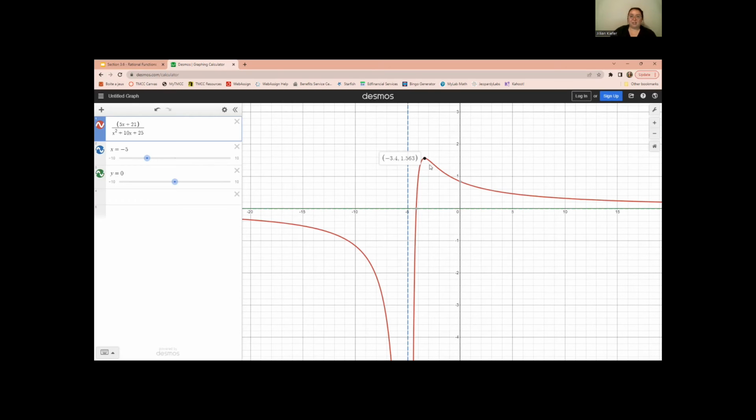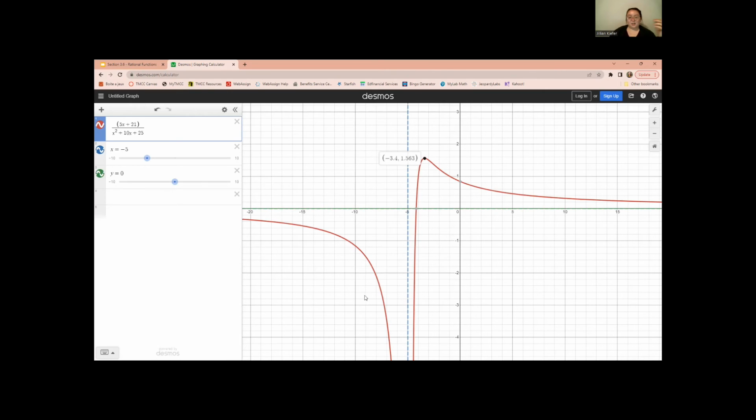And it would have been very difficult to find this maximum value. So it's very difficult to do that algebraically. You have to do that by graphing, and it would be really hard to just find that value by hand. So it was really important to kind of graph functions like these when you have questions like this, just so you get a very accurate representation of that rational function.